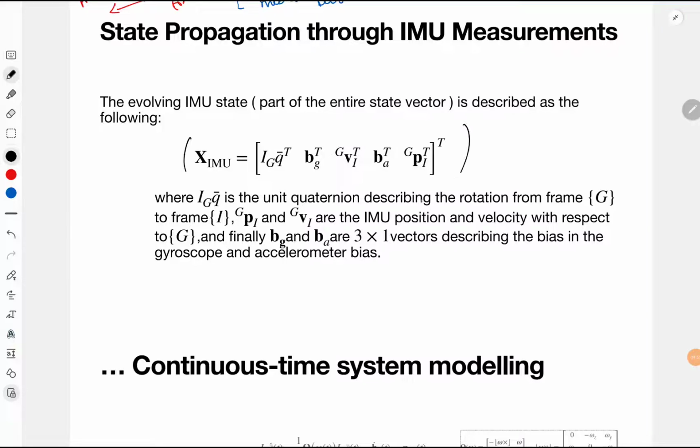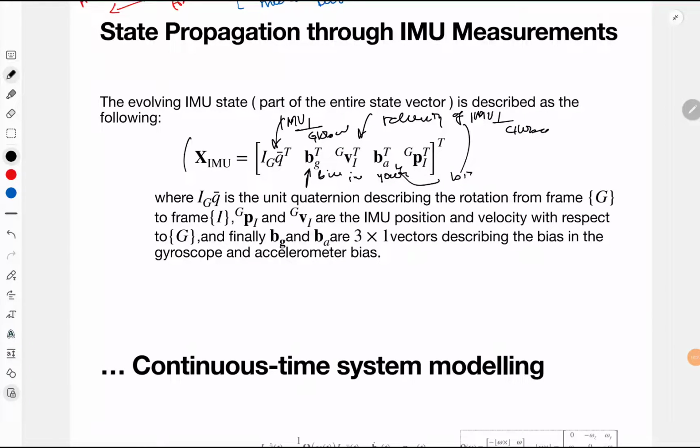So this is your state vector. This is the quaternion describing the rotation of the IMU in the global frame. This is the bias in your gyroscope. This is your velocity of IMU in the global frame.